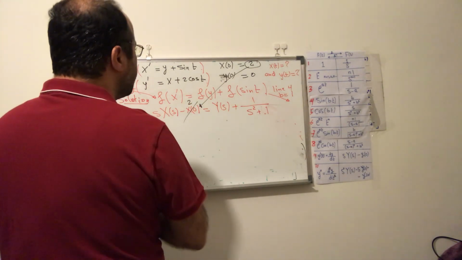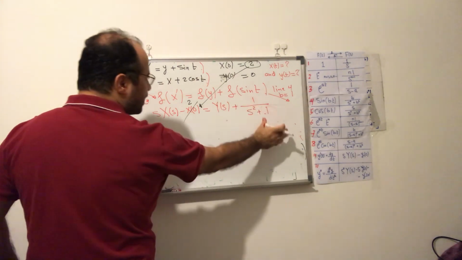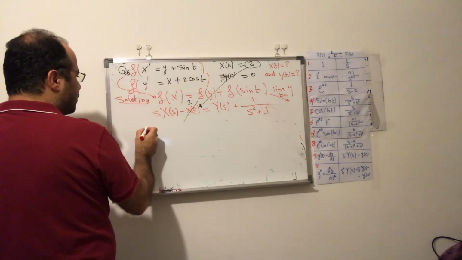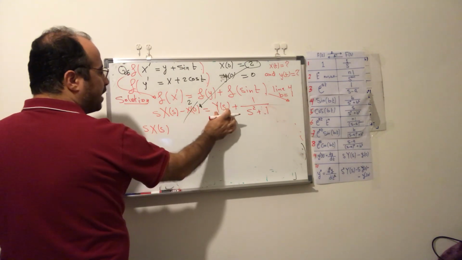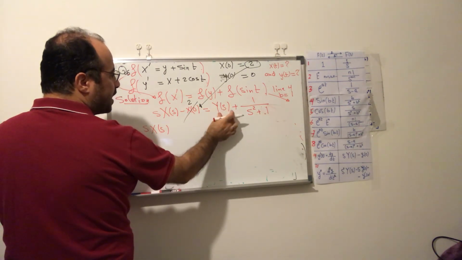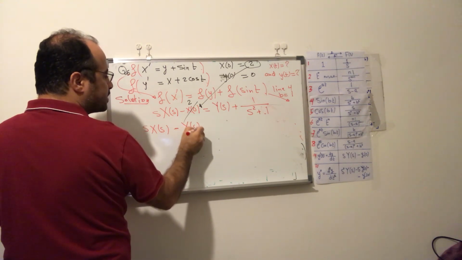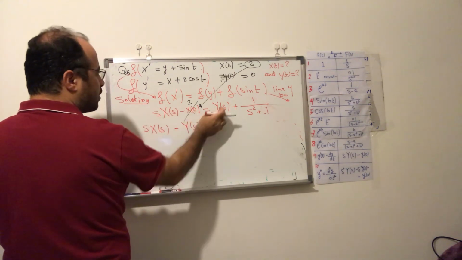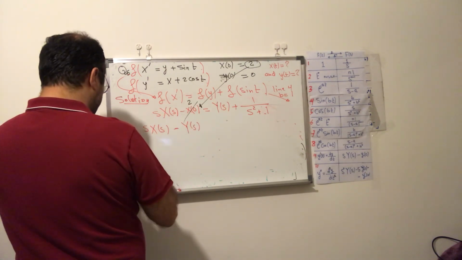Now you need to rearrange the equation, so x first, then y, then the rest on the other side. So we have the first equation here, s X of s, and you know the story, you subtract Y of s from both sides, then you get big Y of s. I moved this to the other side. And this 2, you add 2 to both sides.